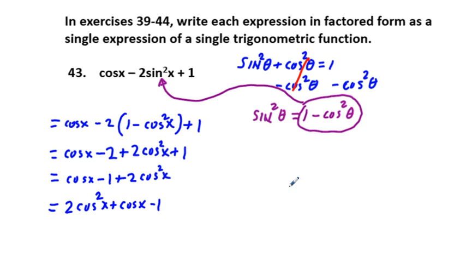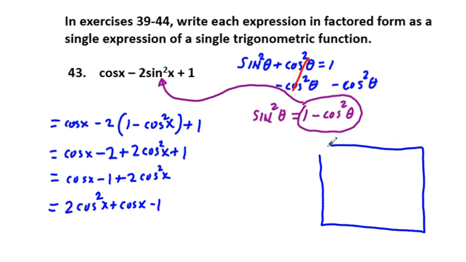And now, using our factoring, like we've done before, for a quadratic trinomial, this time on our upper left we have our quadratic term, which is going to be 2 cosine squared x. And lower right, we have minus 1.